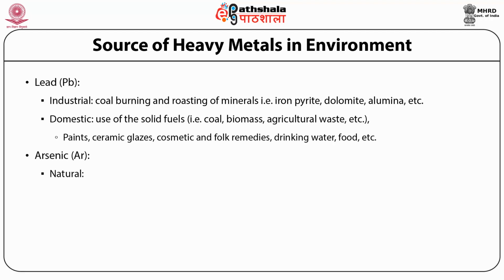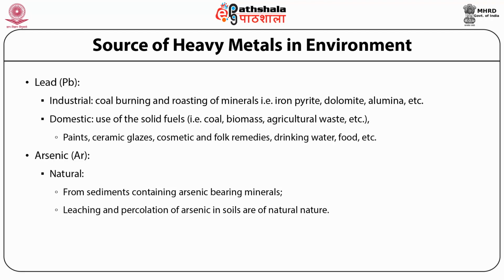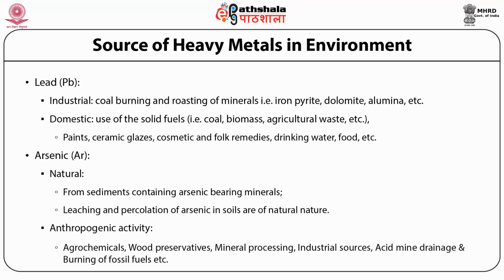Arsenic naturally comes from sediments containing arsenic-bearing minerals. It may also be leached and percolated from areas rich in arsenic in soil. It can be due to anthropogenic activity like agrochemicals, wood preservatives, mineral processing, industrial sources, acid mine drainage, and burning of fossil fuels.